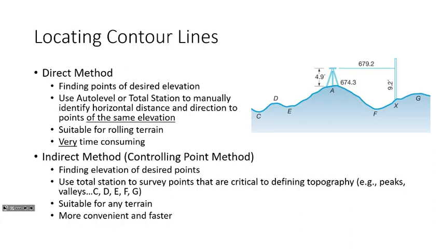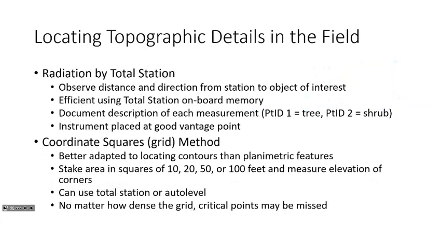The contour map that you generate by this will not be theoretically perfect. It won't be 100% accurate, but it's very easy to do. It's suitable really for any terrain that you need to do, and it's much faster, okay? And so that's essentially what we're going to be doing in lab, an indirect method, and that's what everybody does. Much faster, much easier, okay?